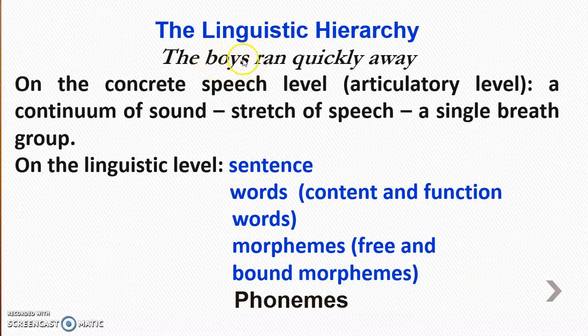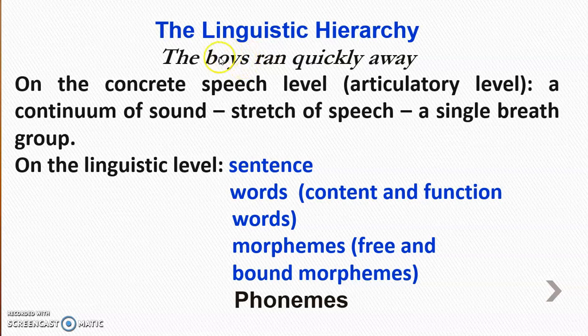So we say that boys is made up of two morphemes, boy and the plural morpheme. So we say that boy is the free morpheme because it's capable of standing by itself. But this morpheme in isolation is not meaningful at all.